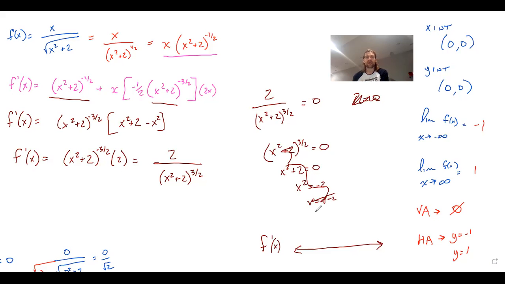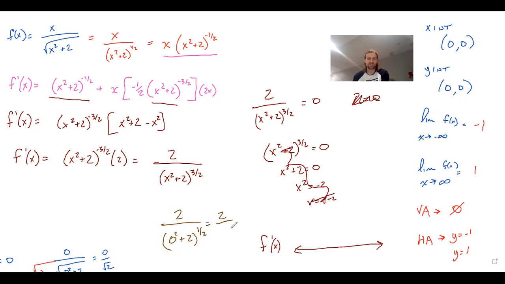So that means the graph is going in the same direction. This graph is either always positive or always negative. So we get to pick any number here and plug it into the first derivative to see what the graph is going to do. And I'm going to pick 0 because that's the easiest number. What's 2 divided by (0 squared plus 2) to the 3/2 power?